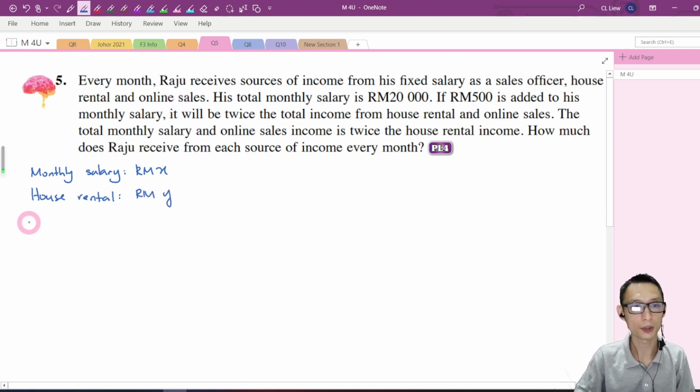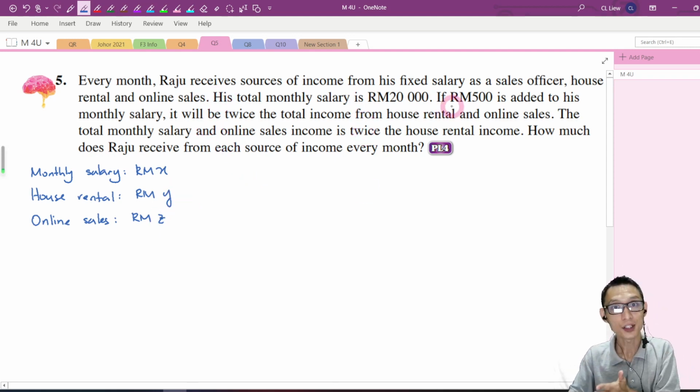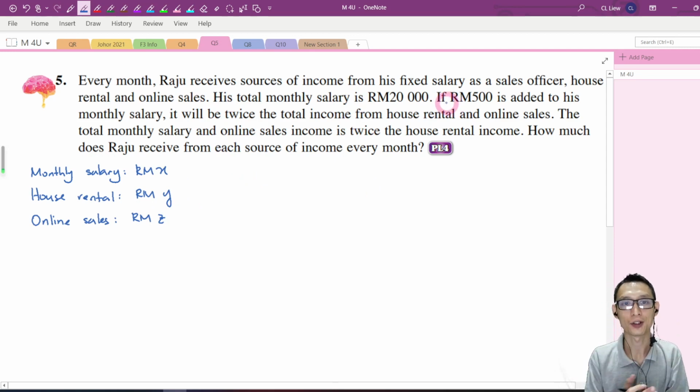The last one will be online sales, let it be RM z. Now let's go through every single sentence here and try to understand it truly, so that we can form the equation for it.